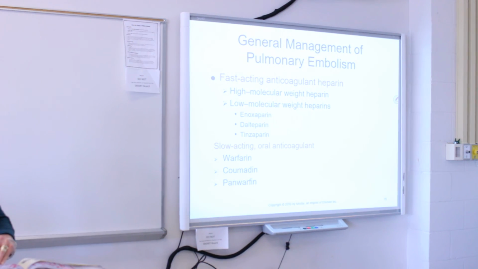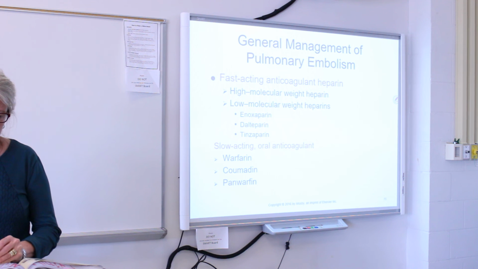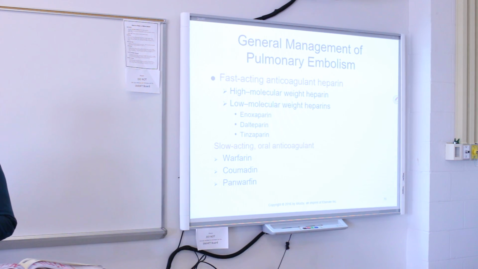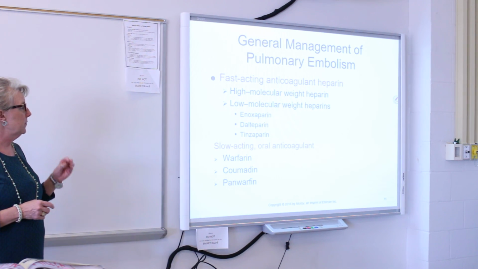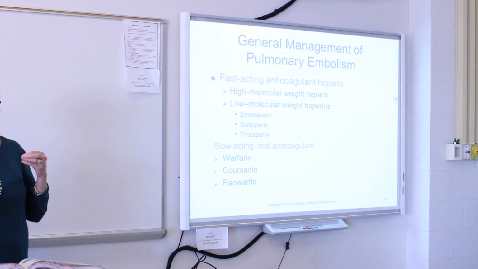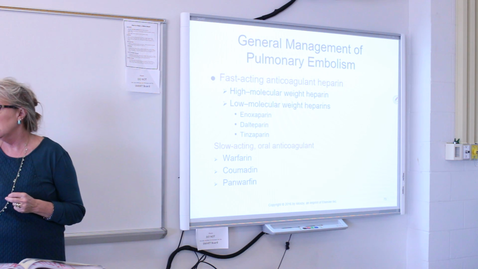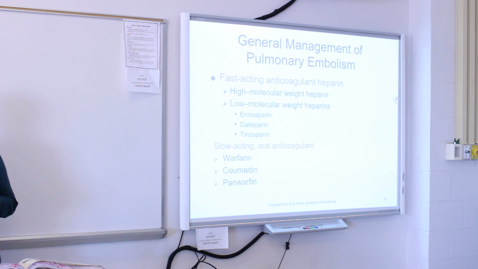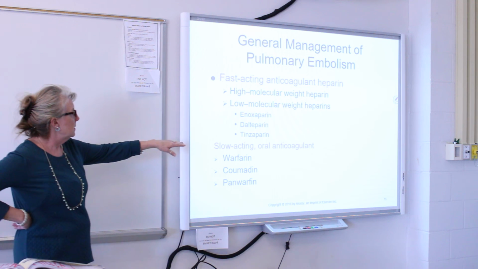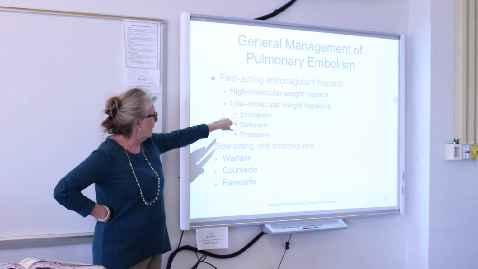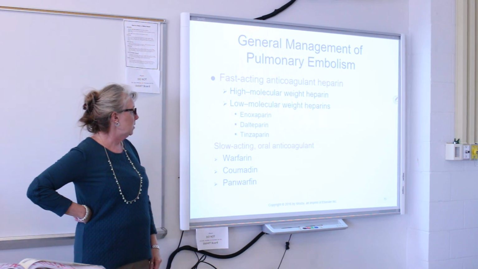Okay, so as far as some management, there are different levels of heparin that can be used. There's fast acting and there's slow acting. The fast acting is going to be used in an acute situation in the hospital where the patient can be monitored more closely. And these are some name brands of heparin that can be used.